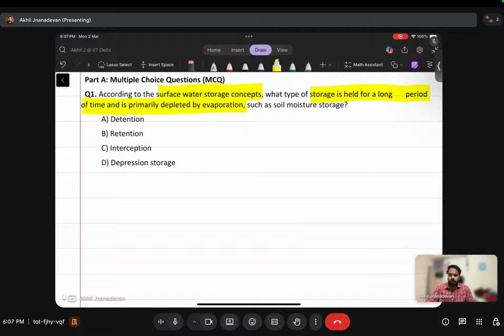So we need to know the concept of surface water storages, and we need to understand the different types of storages, the ones which hold water for a long period and the ones which hold water for a short period, right? So before starting the main questions, I'll give you a brief about the surface water.